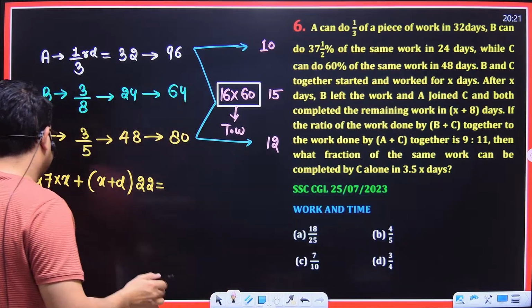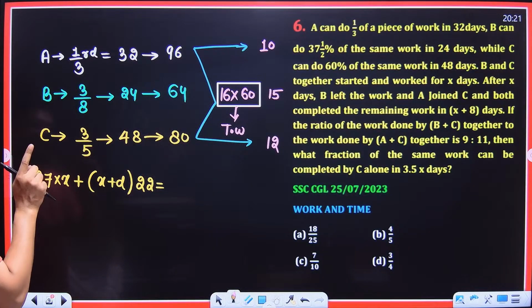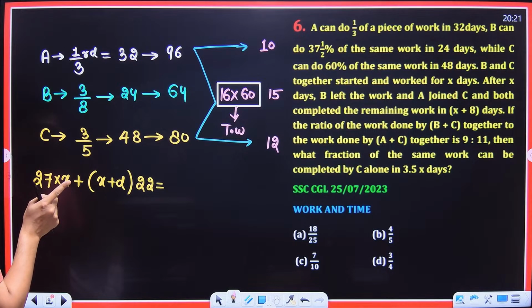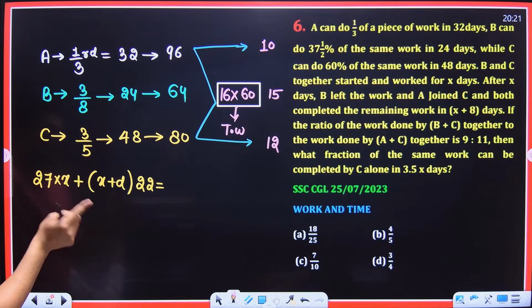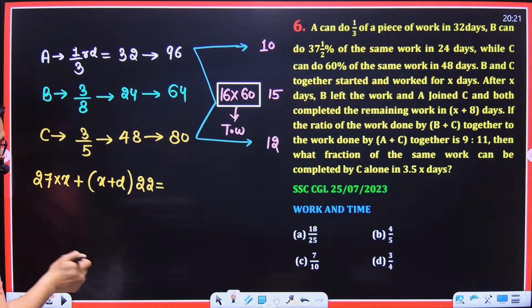See, B and C have worked for X days. Then B left, and A and C do the work for the next X plus 8 days.